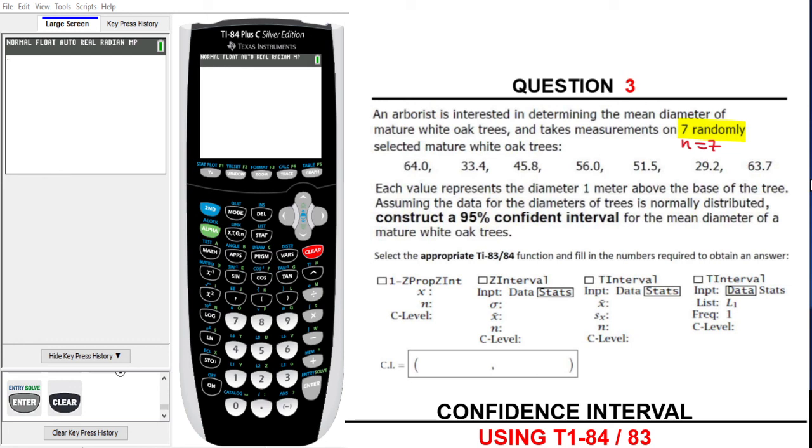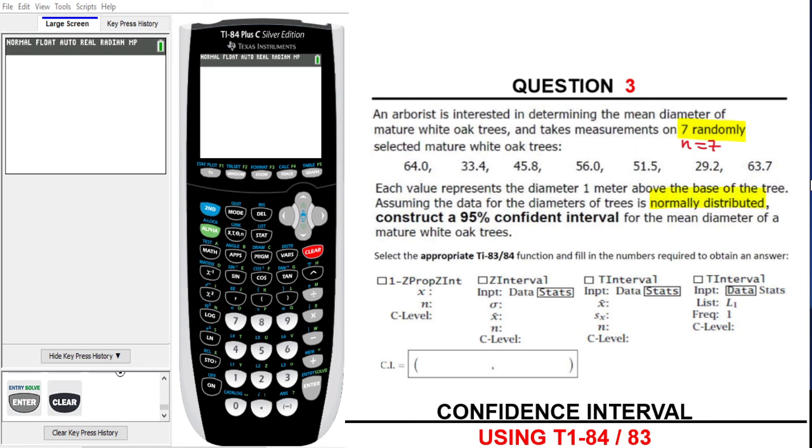So it also means in this particular situation that we don't have the population standard deviation, so we will only have access to the sample standard deviation. Finally, we were also told that the original population is normally distributed.